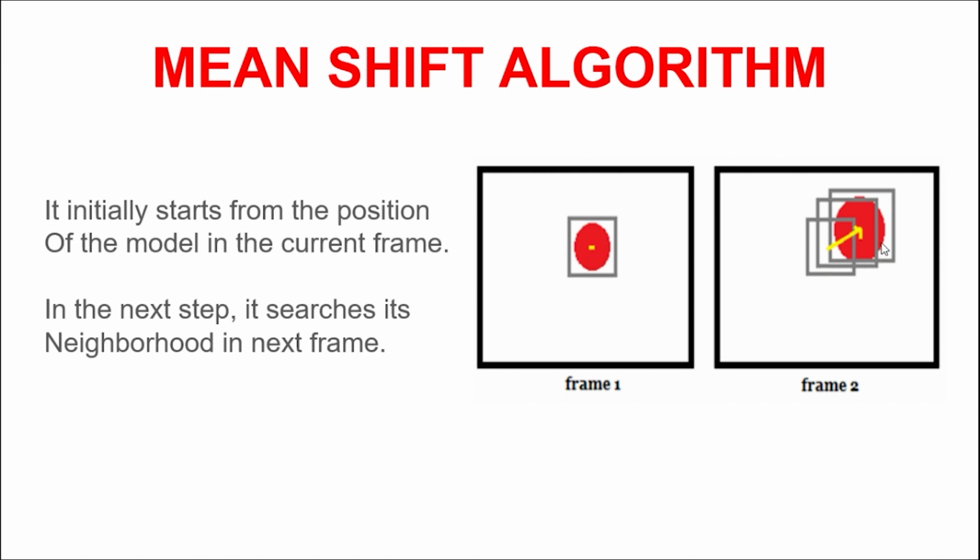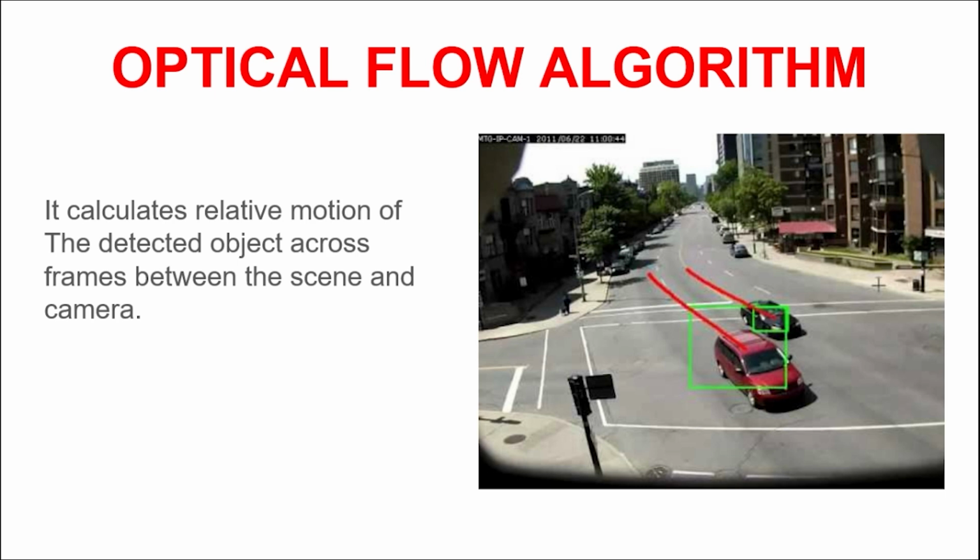Next comes the optical flow algorithm. It looks at the motion of the features due to the relative motion across frames between the scene and camera. For example, let's say we have this car in the frame and it moves towards the bottom right in the image. You will be able to estimate the motion vectors in frame 2 relative to frame 1.